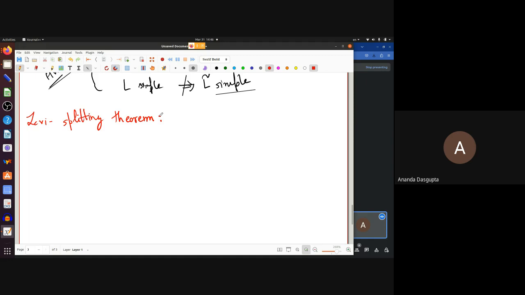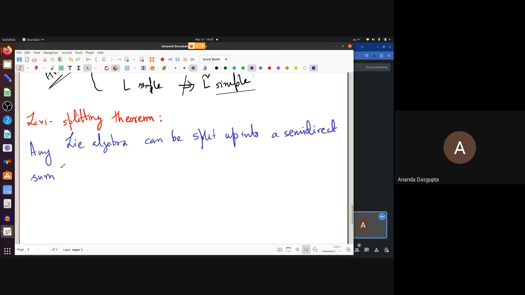The theorem, which is called Levi's splitting theorem, actually says any Lie algebra, real or complex, can be written as a sum. Saying it splits up into a symmetric sum is actually not really right, but it can be written as one. Because when you say split up into, then you're not really talking about the sum.